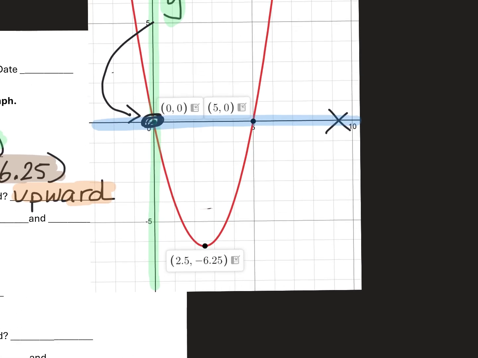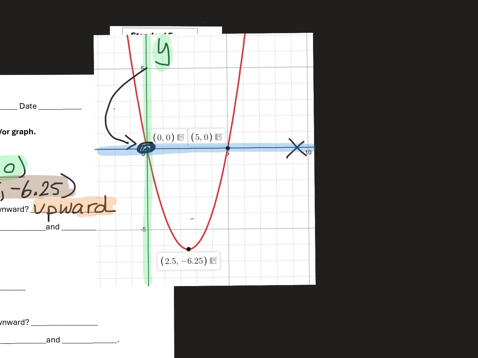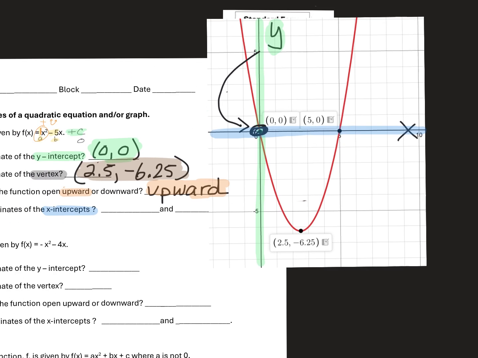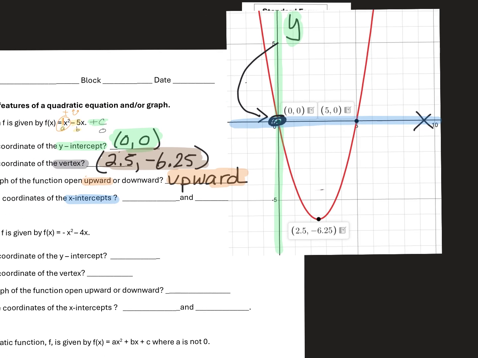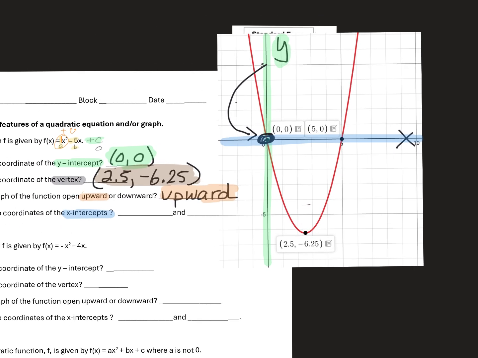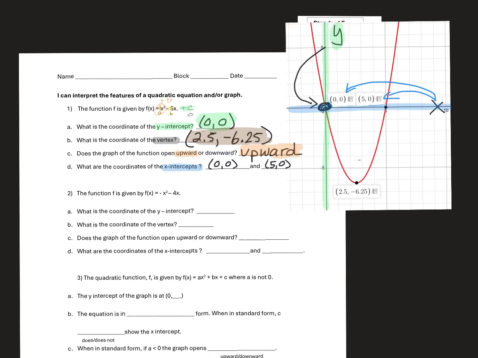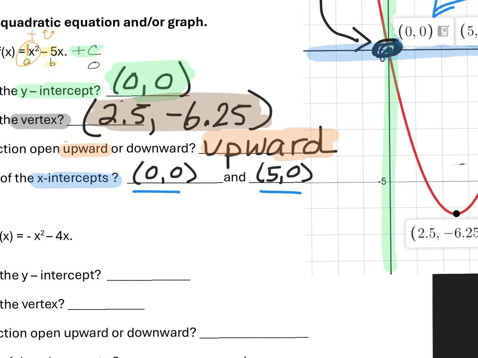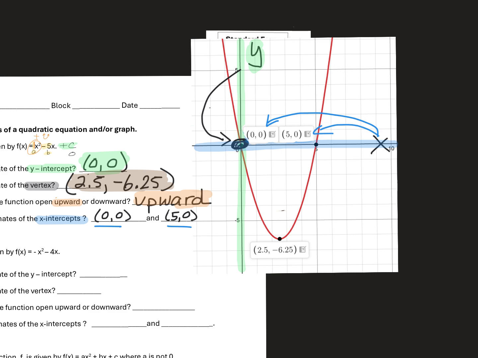And we have a weird case where the y-intercept that we got for our last answer is also an x-intercept too, because 0, 0 is on both the x and the y-intercept. So my x-intercepts, which I got from the graph again, are 0, 0, and 5, 0. And again, we can see those over here on the graph.